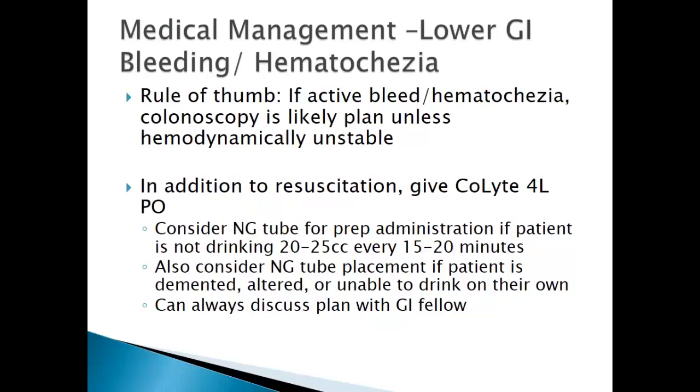And again, the decision to give colyte can always be discussed with us, because if a patient's had a very recent scope and they're having mild bleeding, we may elect just to observe them and see if they stop on their own. So it's always reasonable to touch base with us before giving colyte.